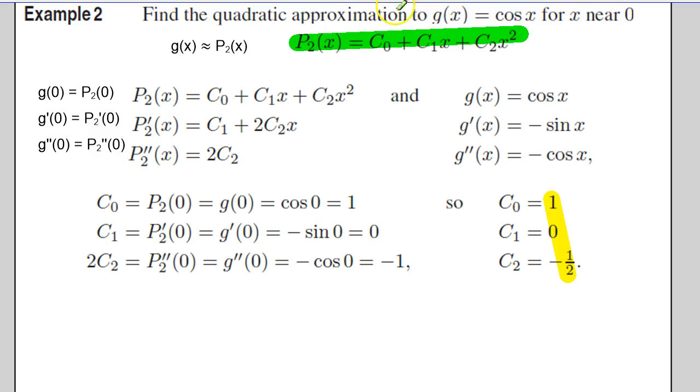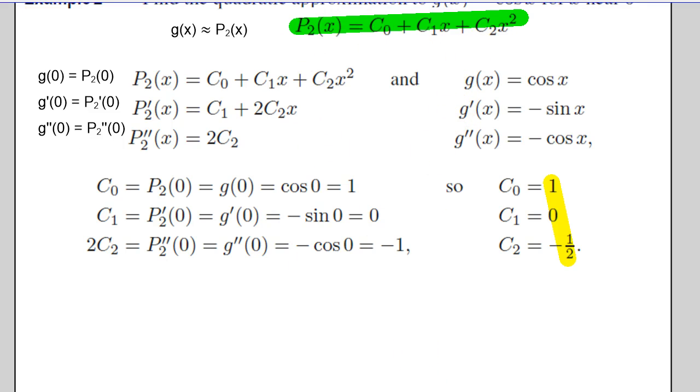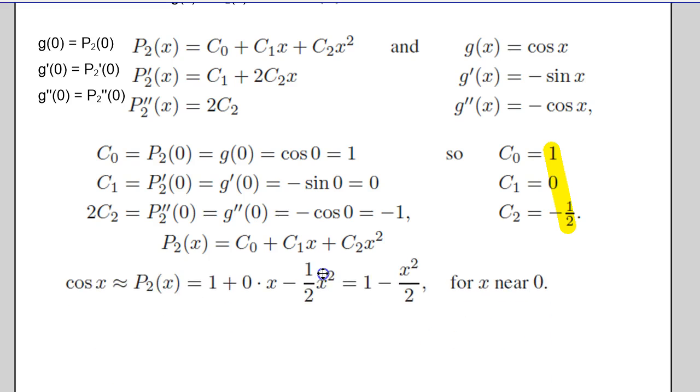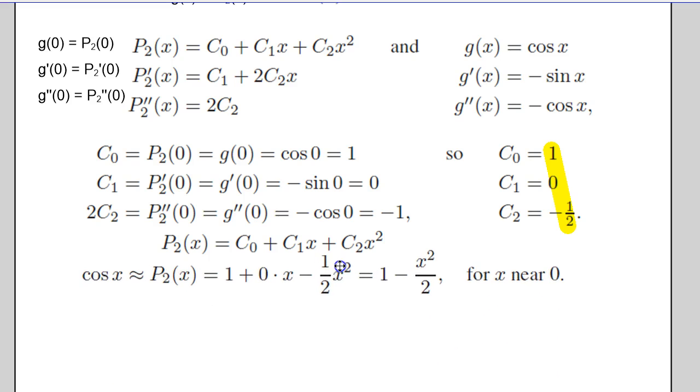So now we can plug in our values to our expression, and we have a Taylor polynomial of degree 2 approximation of our g of x, cosine of x, for x values near 0. And the final answer looks something like this. And this again only works for x values near 0.